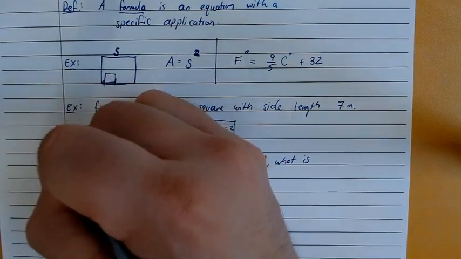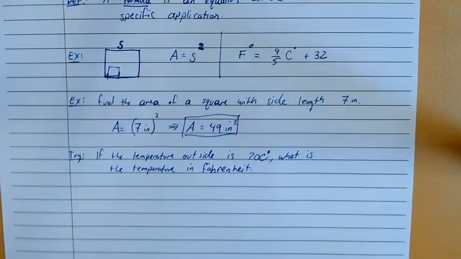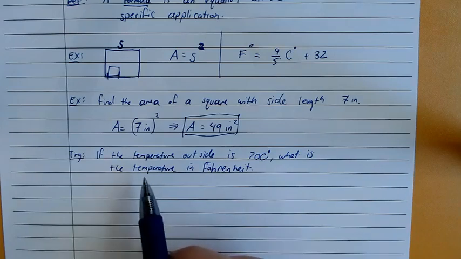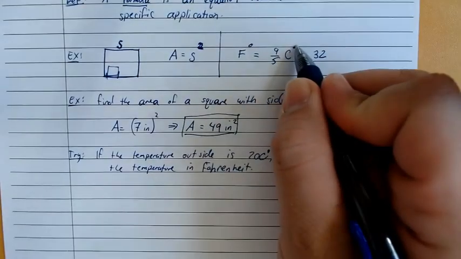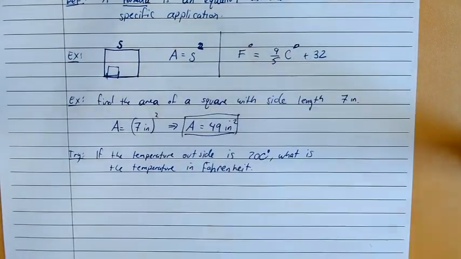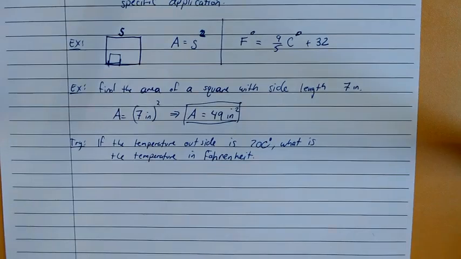So go ahead and give it a try. You're simply evaluating. Remember, evaluate just means take the number and plug it in. Go ahead and give that a try, and it also gives you a little practice on multiplying fractions there. Go ahead and pause the video, and once you have your degrees in Fahrenheit, go ahead and unpause and we'll confirm it.